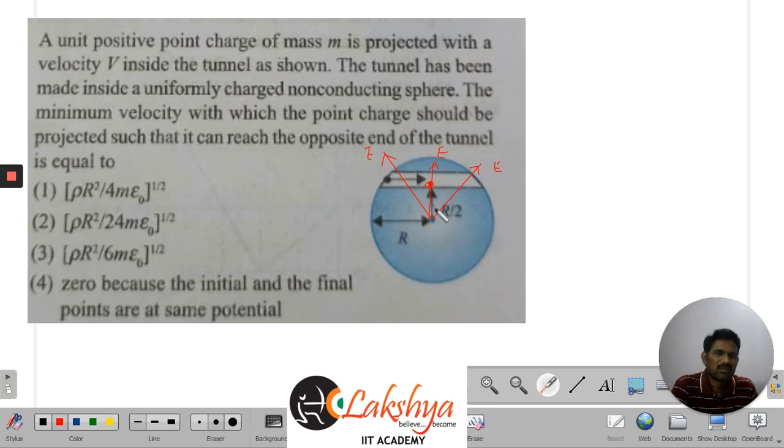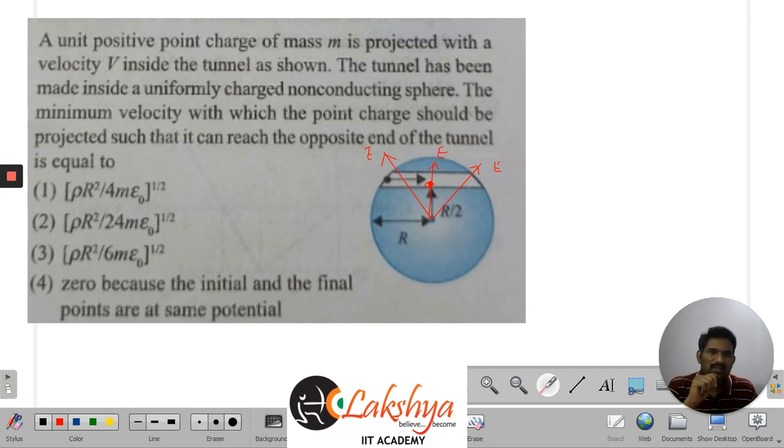For that we can use potential energy conservation, similar to our previous calculation. The energy at this point will be potential energy plus kinetic energy, and the energy at the center will be only potential energy, because we are projecting with the minimum velocity.